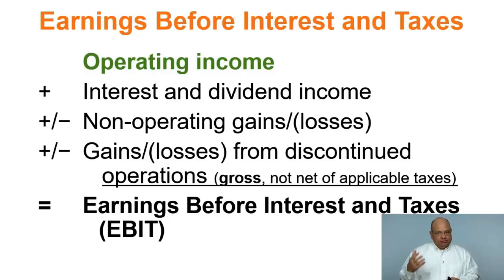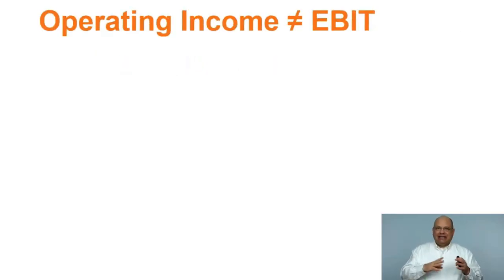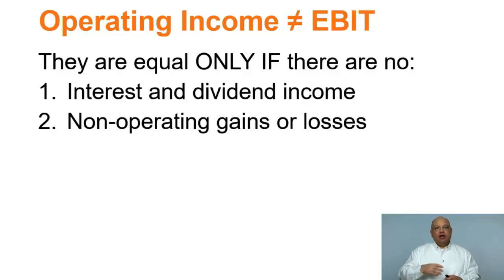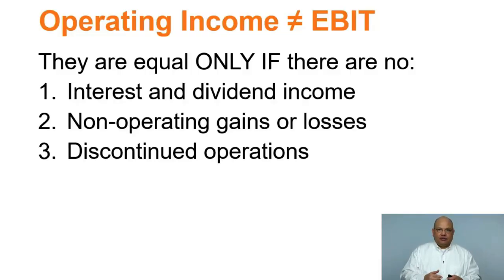Operating income, interest, dividend income, non-operating gains and losses, and gains and losses from discontinued operations give us our earnings before interest and taxes. Now, operating income does not equal earnings before interest and taxes. Well, it might. They're equal only if the company has no interest and dividend income, no non-operating gains and losses, and no discontinued operations.